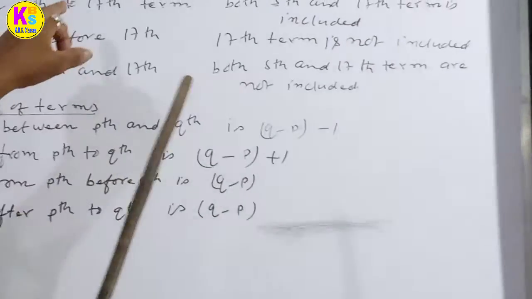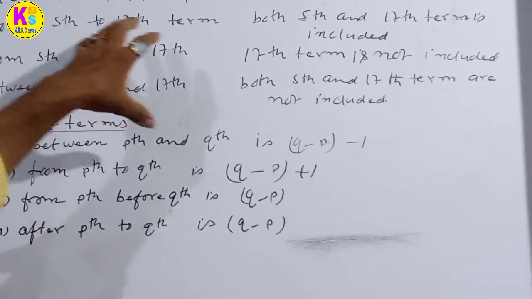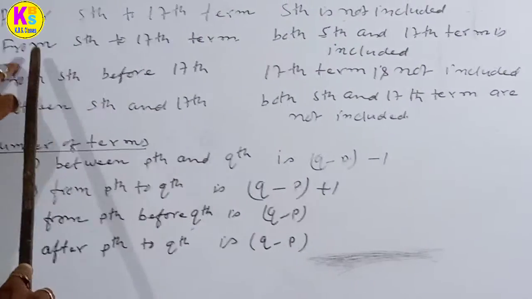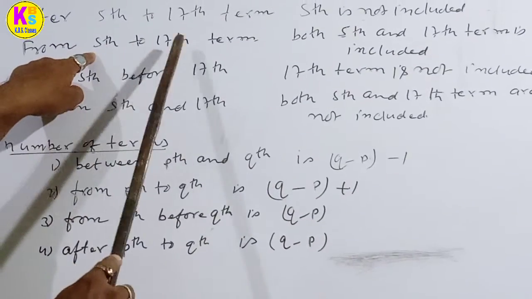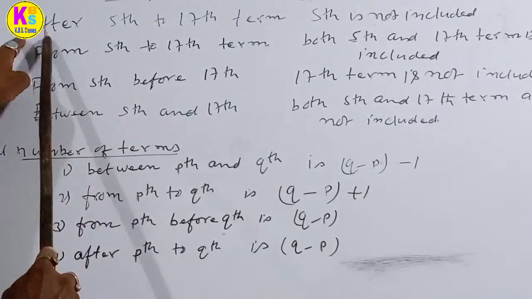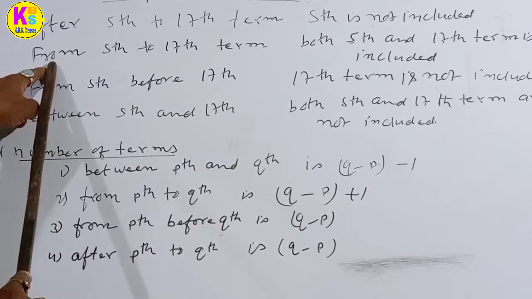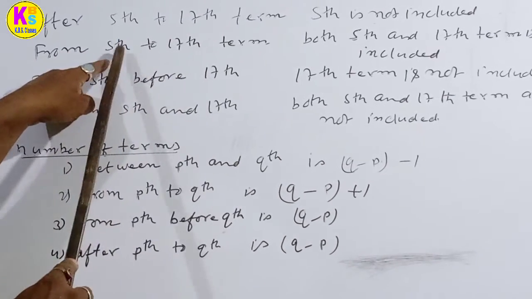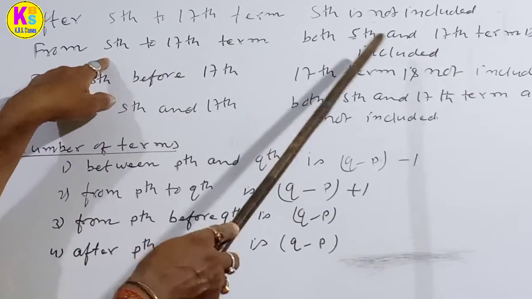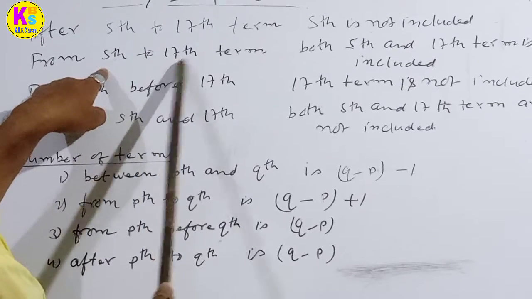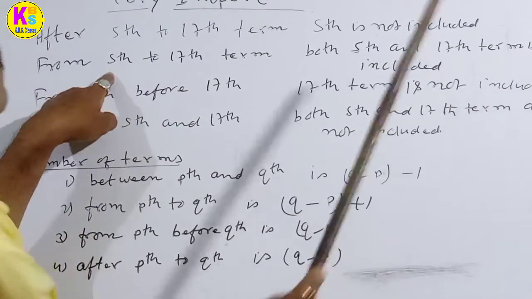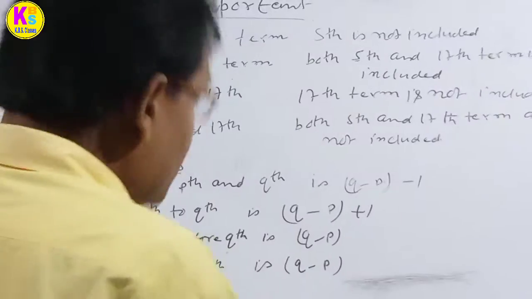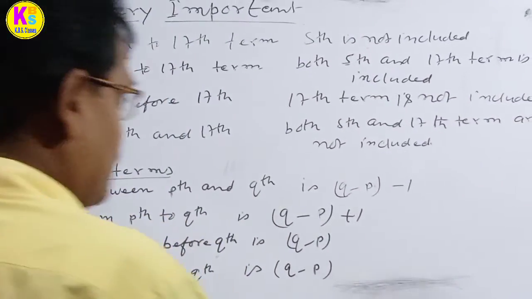Give your attention to the words in the sentence given here. From 5th to 17th: that means the 5th term is included, so both the 5th and 17th terms are included.